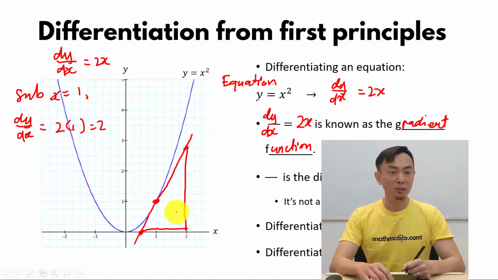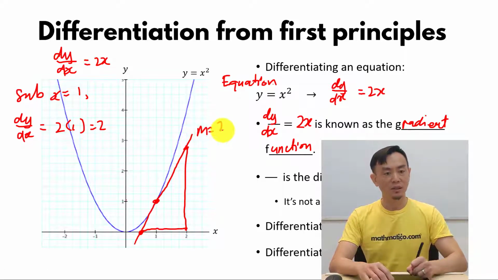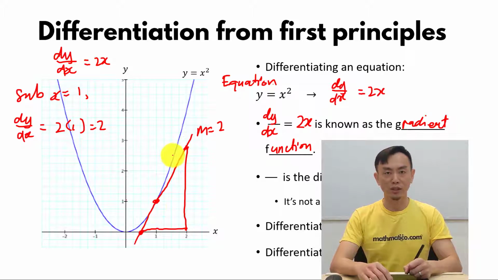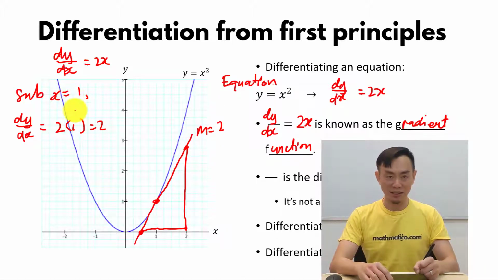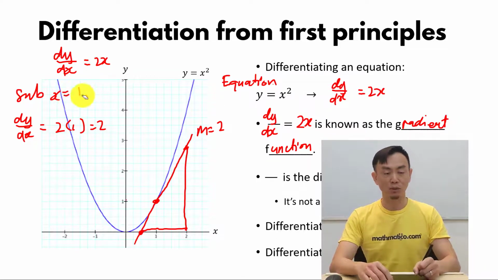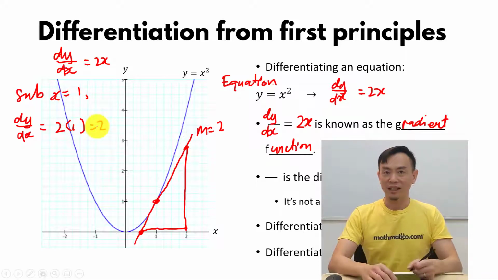And you will get a gradient of 2, right? So that's what this means. The gradient is going to be 2, and it's wonderful because we don't have to draw tangents, get 2 points and find y2 minus y1 over x2 minus x1 to get a gradient of 2. This gradient function basically tells us that just by subbing in x equals 1. And that's a lot easier.